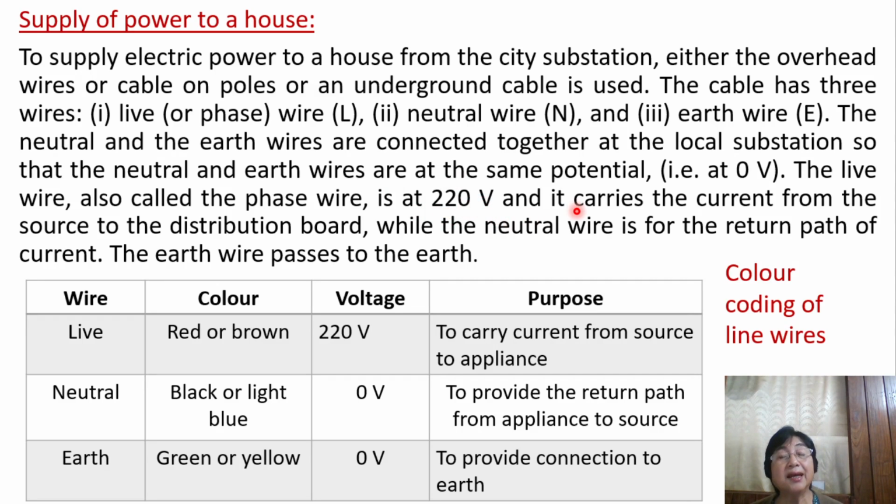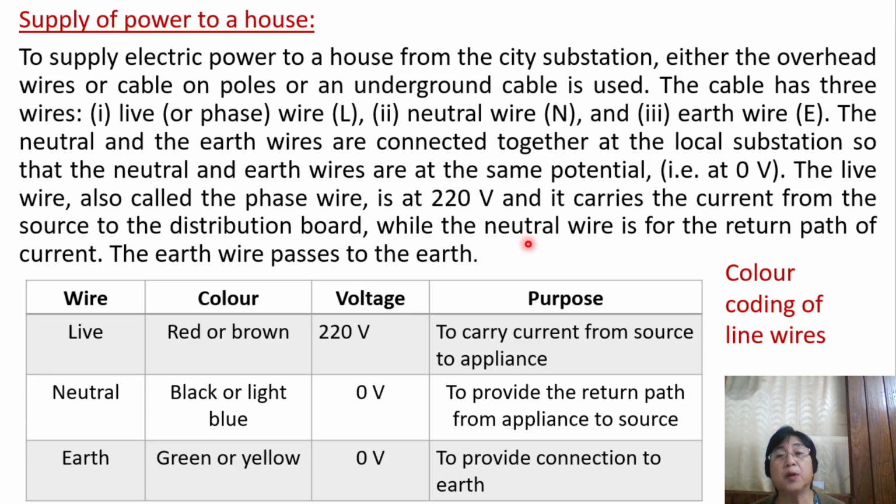The source here is from these cables, and these that come from the city substation are referred to as the mains, not the main, the mains. So from the source, which is the mains, it will come to the distribution board.